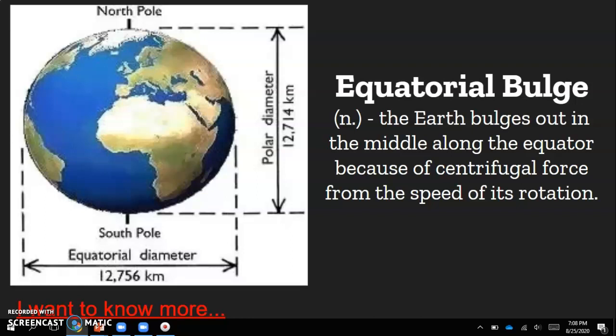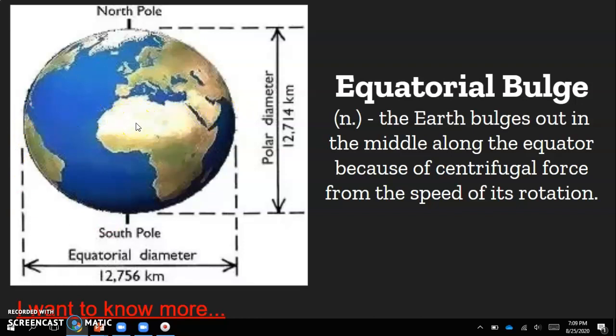Basically, our Earth is spinning so fast, the force from the spinning kind of squishes our Earth down a little bit, and it causes the middle section of our Earth to bulge out. This happens at the equator, and our equator is located right in the middle of our planet.